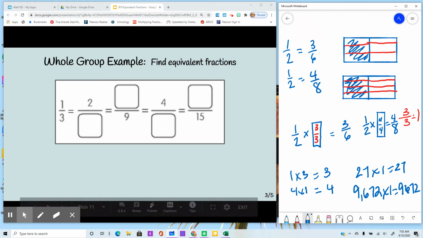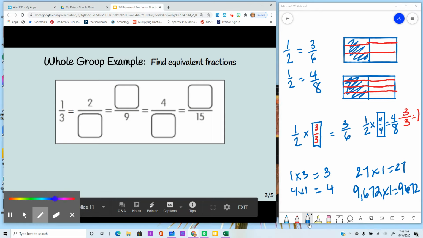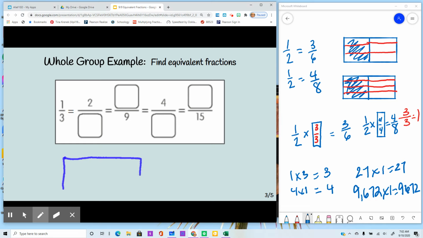Okay, so let's look over here. We have 1/3. So here's my 1/3. And I want to find equivalent fractions for 1/3. So I see that my first equivalent fraction is 2/something.